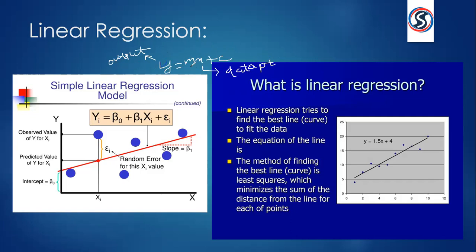So this m is my slope of my line, and c is my intercept, or my constant. Most of the time we ignore this part because it is a constant.